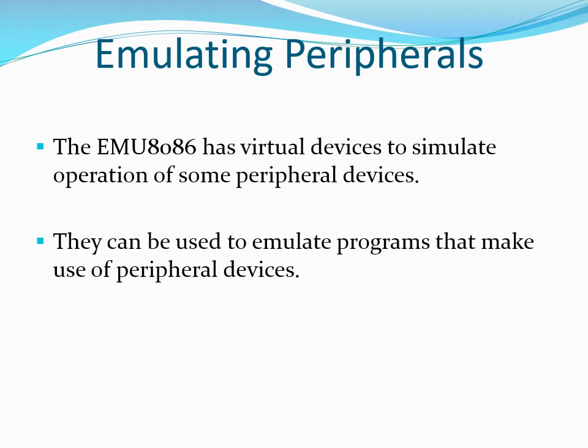The EMU8086 has a number of virtual devices to simulate the operation of some peripheral devices. These virtual devices are used to emulate programs for systems that contain peripheral devices.